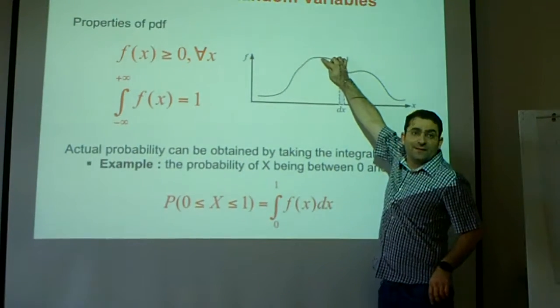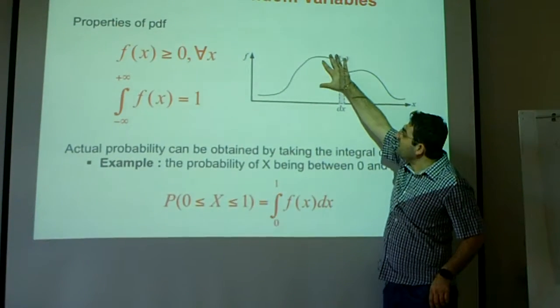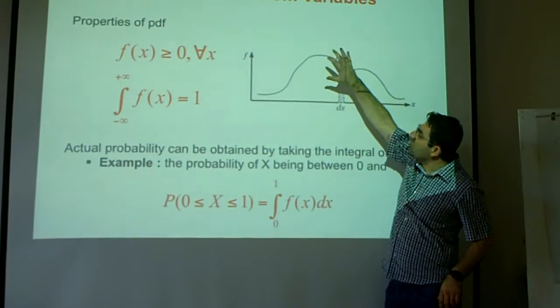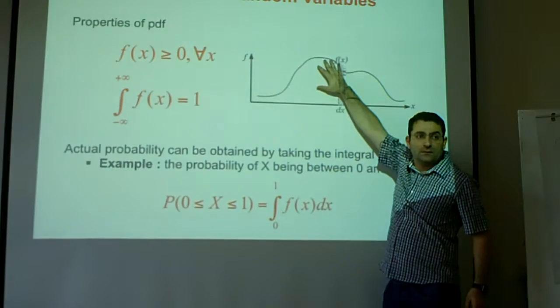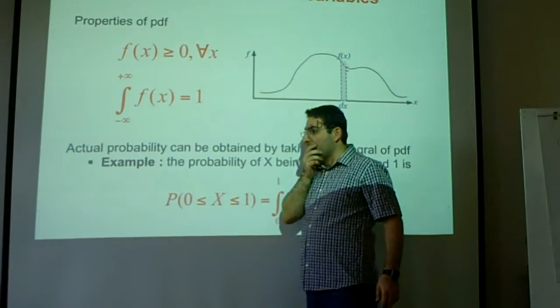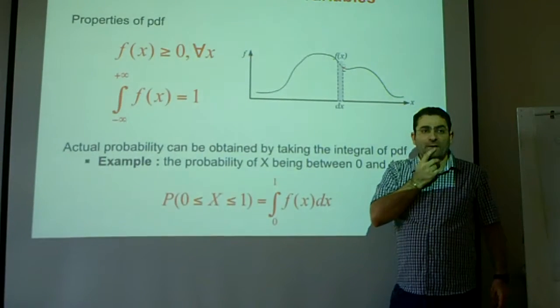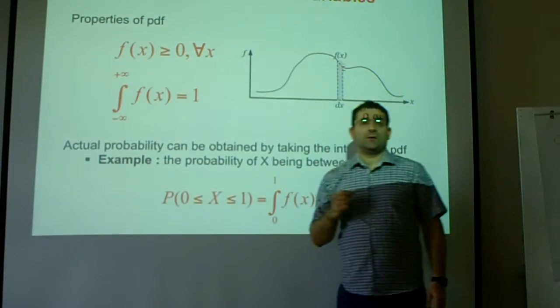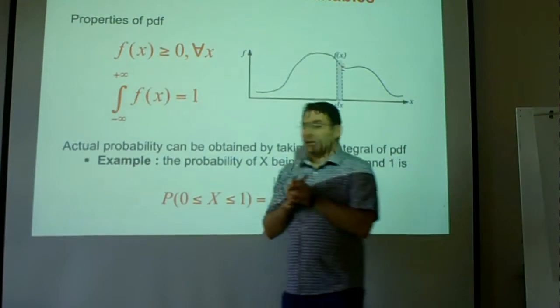Can you tell me what very important property should always be satisfied here? It's between 1 and 0. What is between 1 and 0? The value at all points. Why should it be between 1 and 0? It should be a probability.